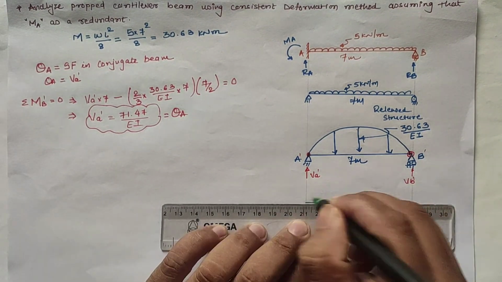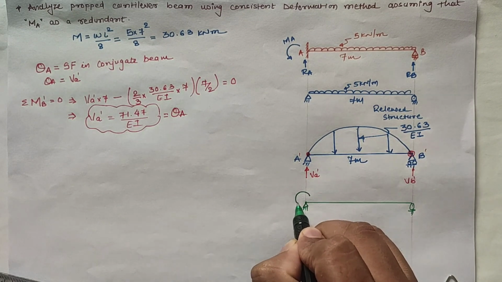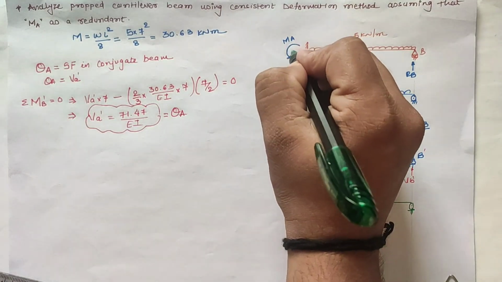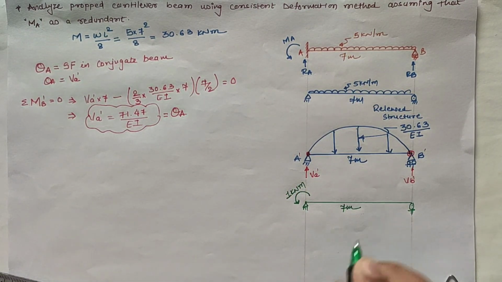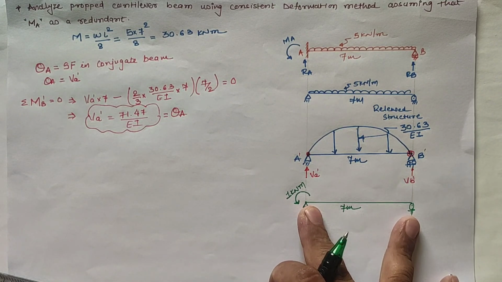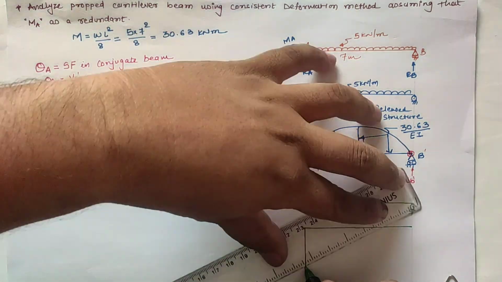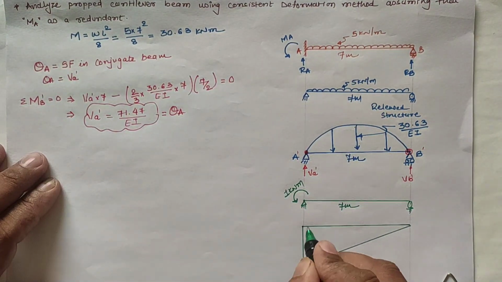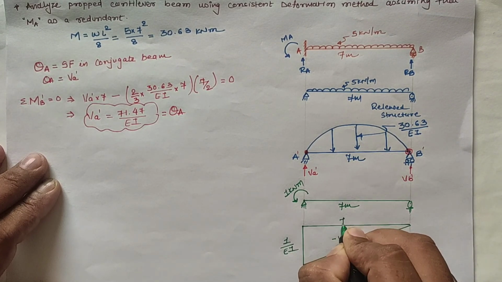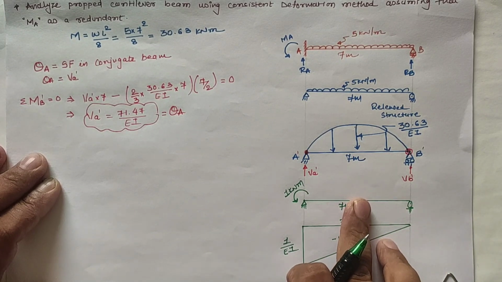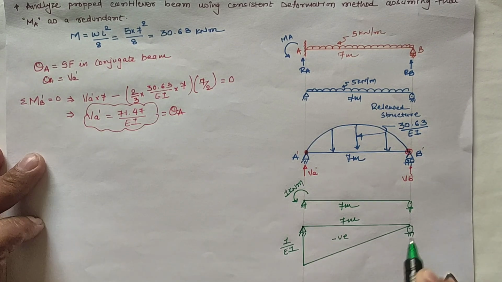We apply the unit moment in the assumed direction of MA as 1 kilonewton meter, and if we draw the moment diagram for this structure, it is in the negative direction as 1 by EI. If we convert the beam into a conjugate beam, our hinge support becomes hinge and roller support becomes roller.